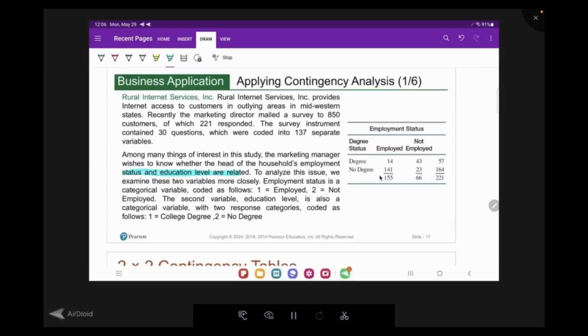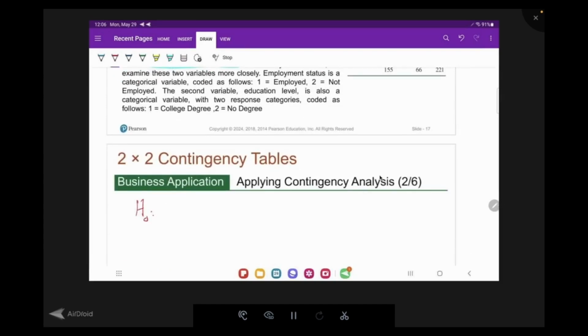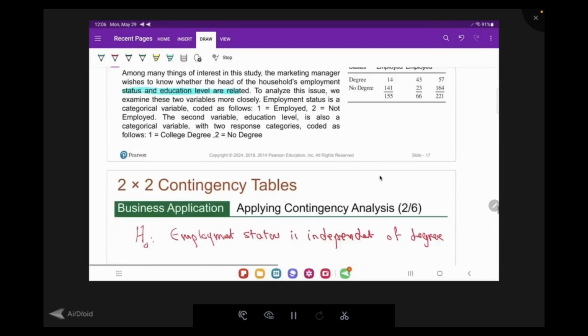The null hypothesis is always that we see things as independent. They are not related. So the null hypothesis is the default situation: employment status is independent of degree status.